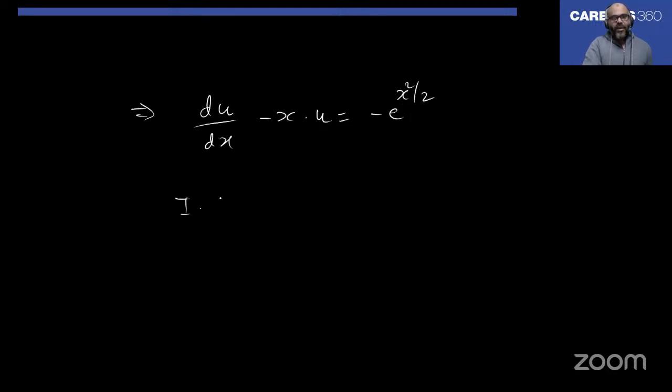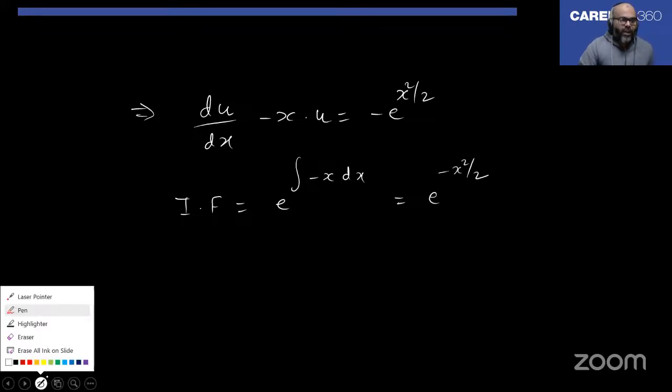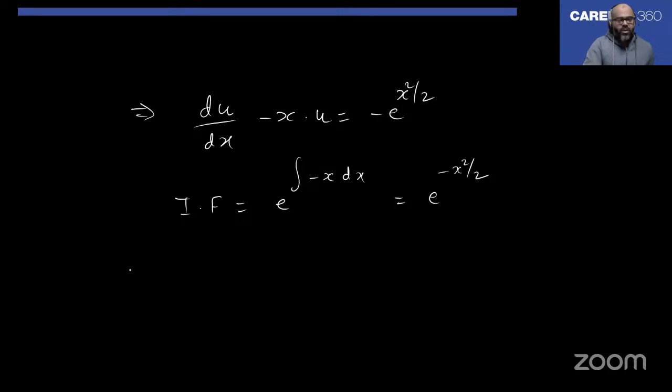Now what is the integrating factor here? It is e to the power integral of minus x dx, right? So it will become e to the power minus x square by 2. So if we multiply with this, our differential equation will become derivative of u into integrating factor, that is e to the power minus x square by 2.